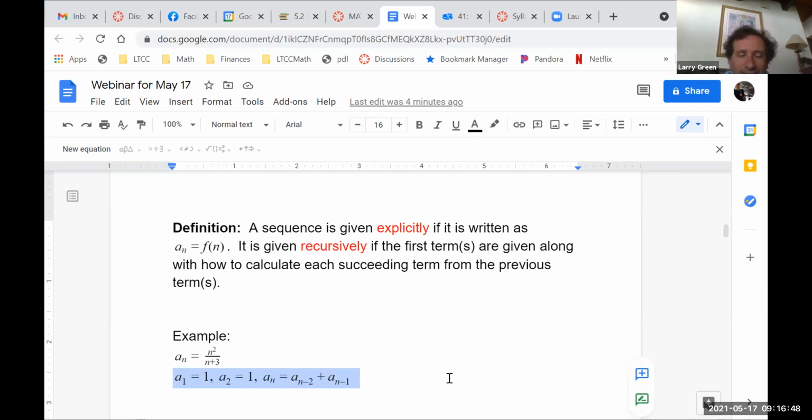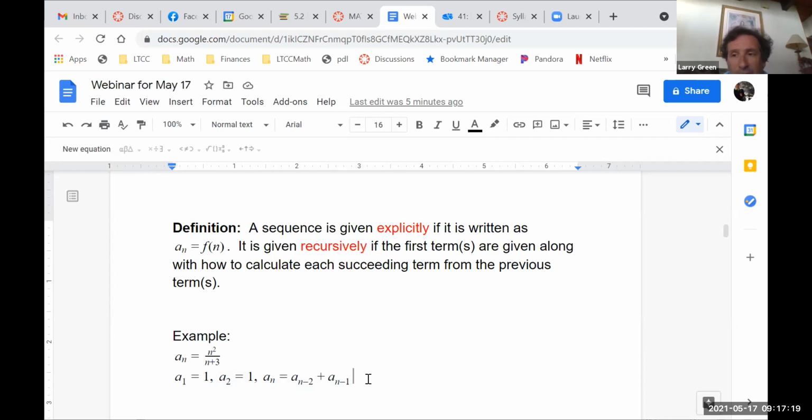Okay, so the answer is yes. But the follow-up on the answer is that we can't understand how you get it or what it is until we get to linear algebra. And that's winter quarter of next year. So just a note is that we're not ready for it. It's pretty advanced. It can be done, but you need matrix theory, which I'm not going to do. But I wanted to let you know that there's lots of different kinds of sequences.